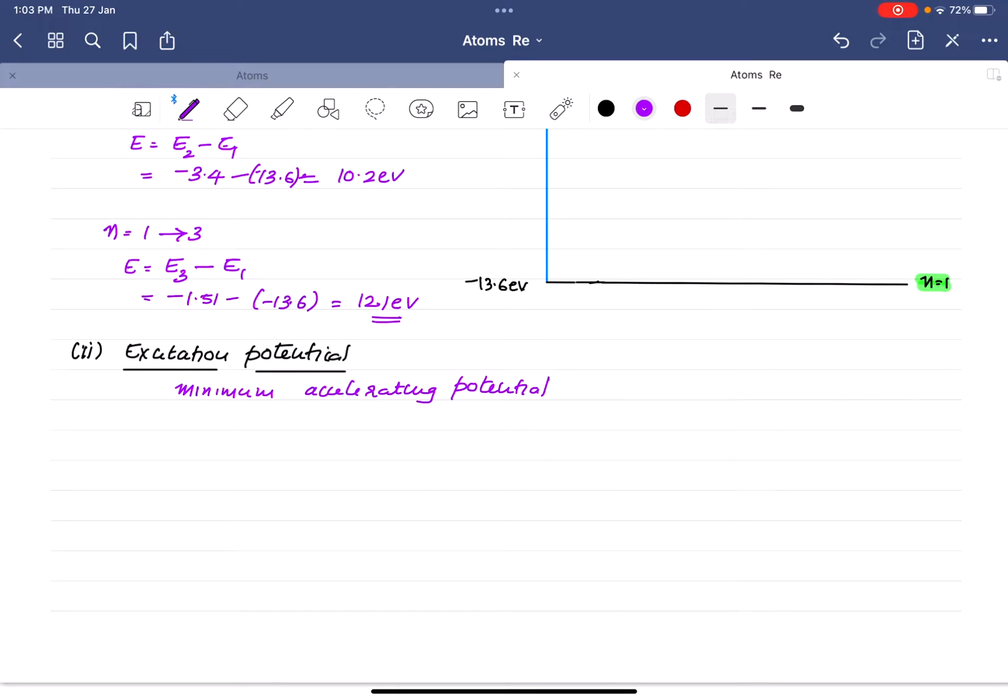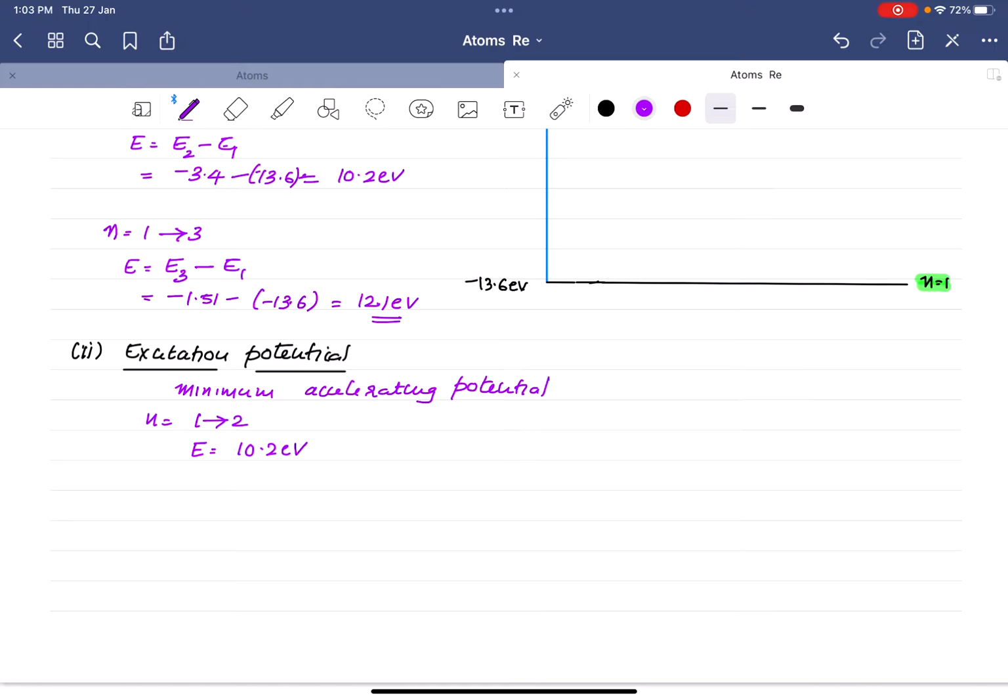Now if you want to make an electron jump from n is equal to 1 state to 2 state, what energy you have to provide? We have calculated it. It is 10.2 electron volt in the case of hydrogen atom, right?